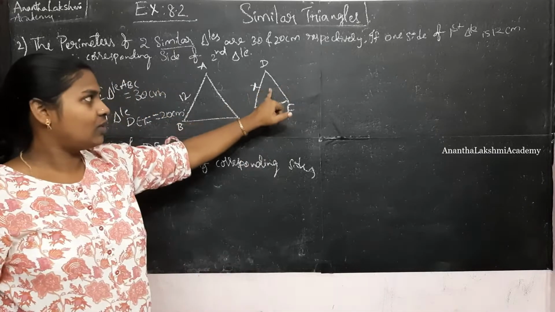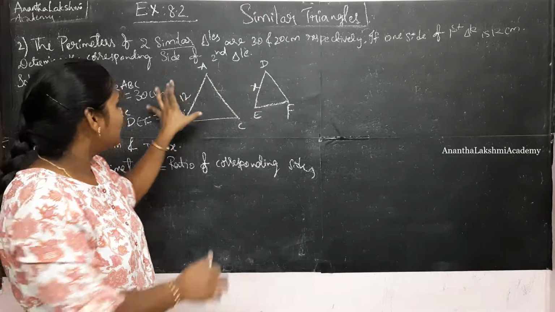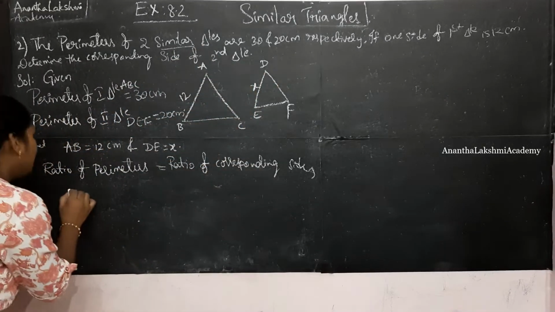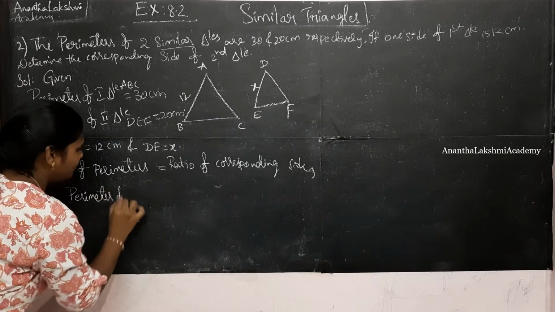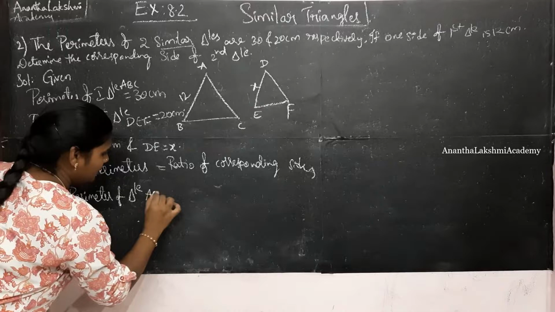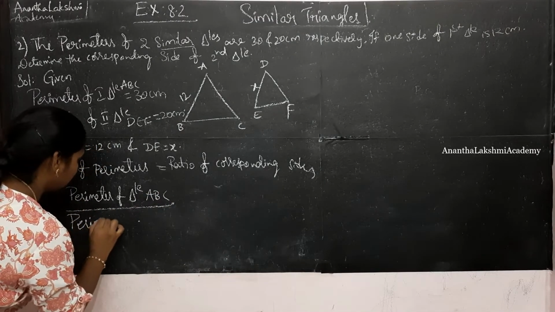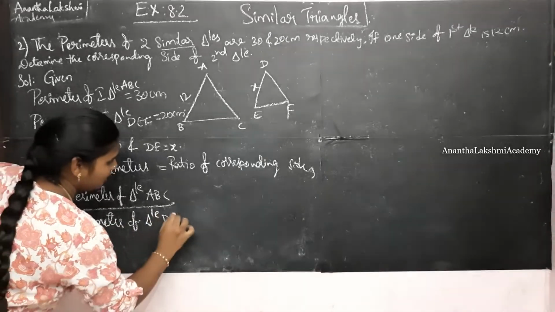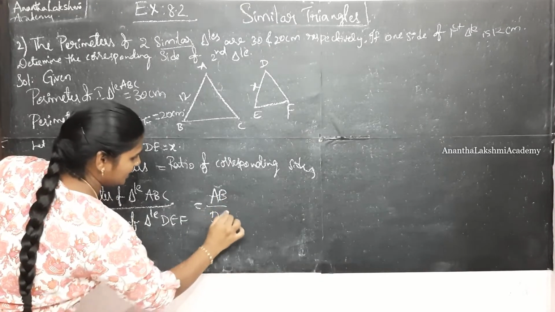Since I have to figure out DE, the corresponding side in the second triangle, I am going to consider this side and this side. So perimeter of triangle ABC divided by perimeter of triangle DEF is equal to, what are the sides I said? AB by DE.